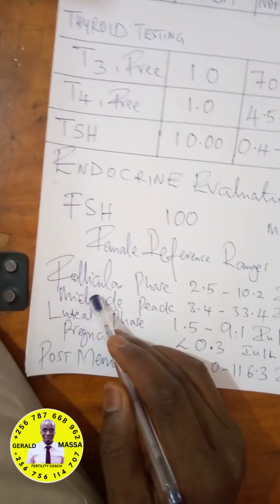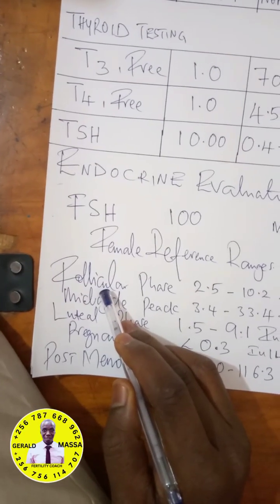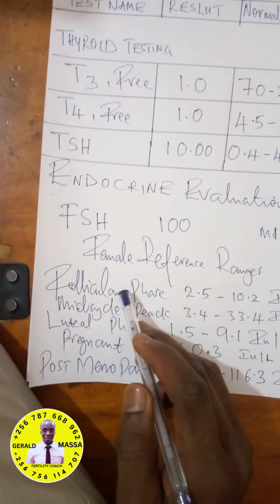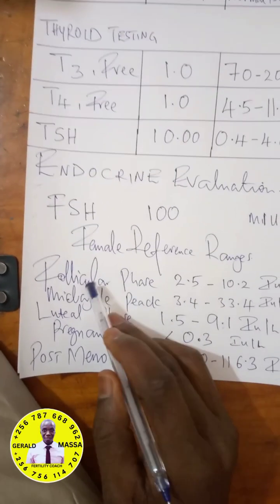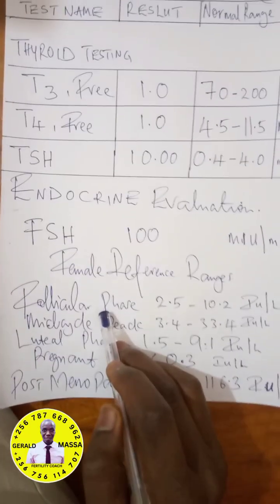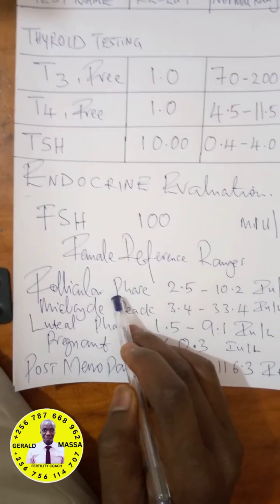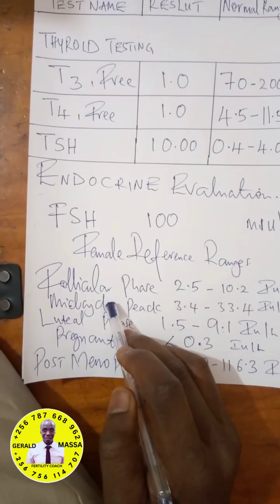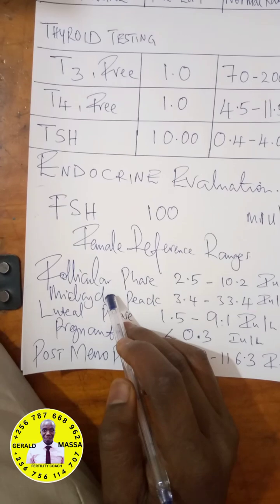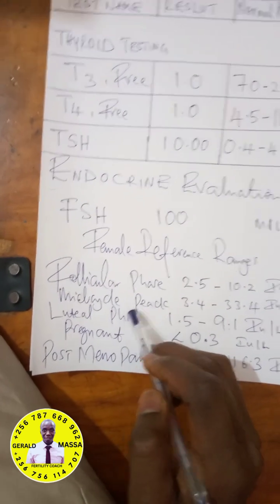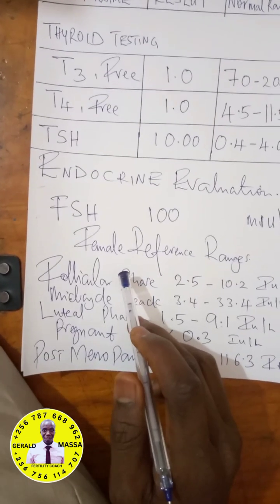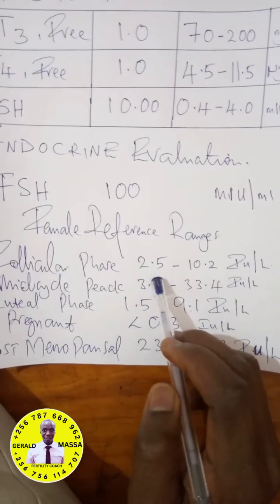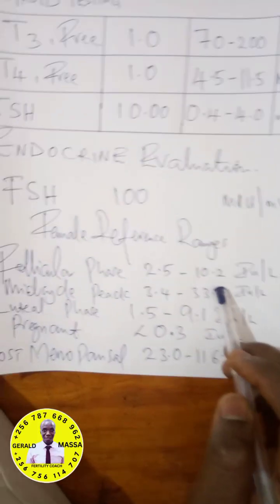The follicular phase is actually the time you see your periods plus the first half of your menstrual cycle. Basically, the first half of your menstrual cycle is the follicular phase. The middle part, we call the mid-cycle, also known as the ovulatory phase. And then, of course, the last 2 weeks is what we call the luteal phase. So, according to WHO, during the follicular phase, the normal is supposed to be 2.5 up to 10.0.